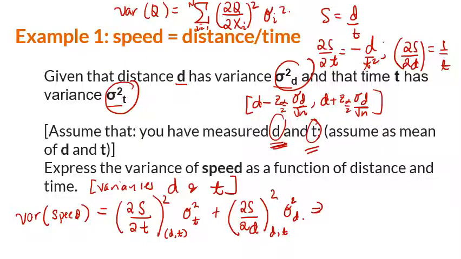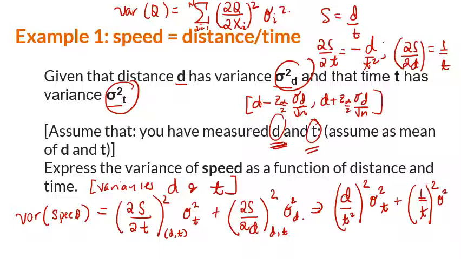We just substitute into our function the mean, our expected measured value, our central value, d and t. So we now have the partial of s with respect to t, so d over t squared, sigma squared t, plus 1 over t squared, sigma squared d.